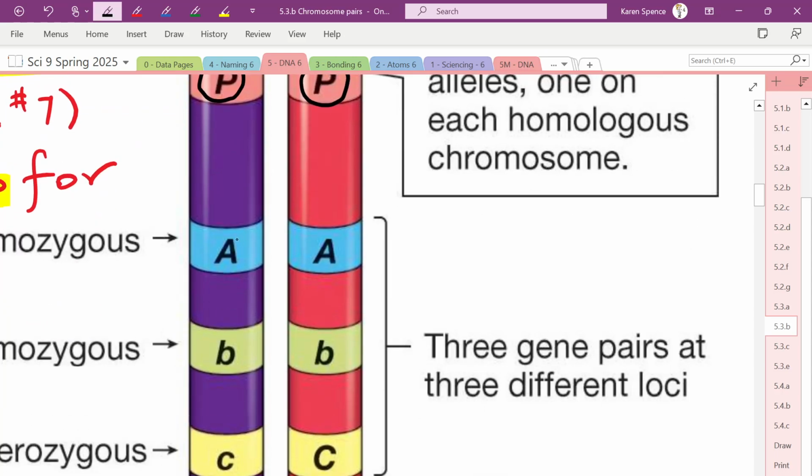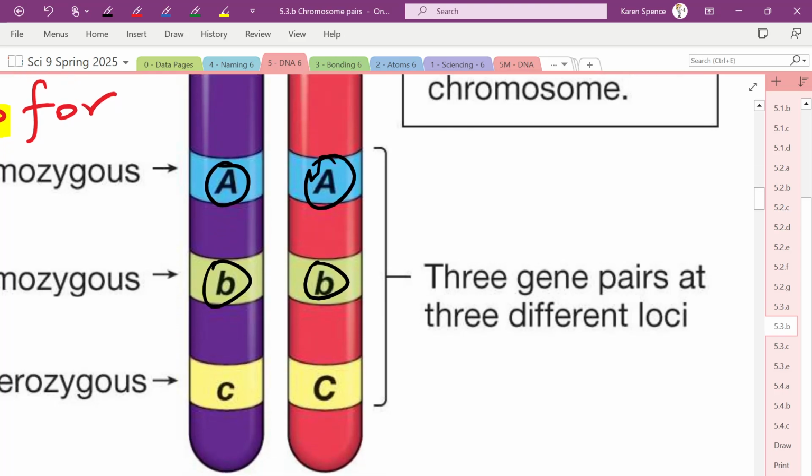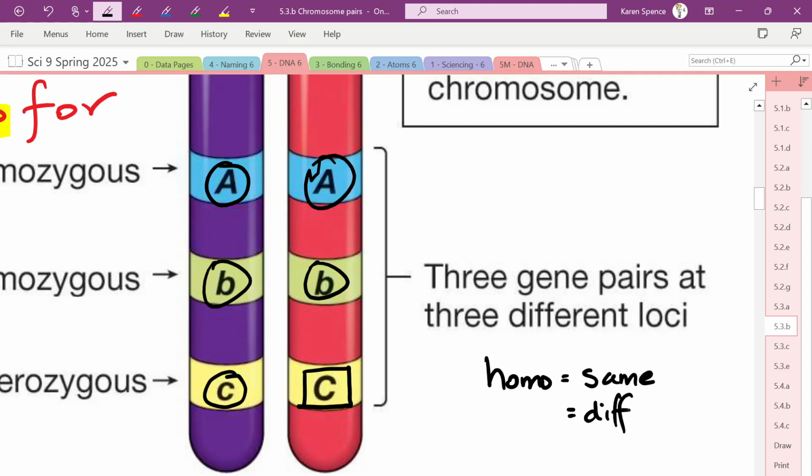And then we have same, same, same, same, and then we have little c and big C. So we have same. What's the prefix for same? Homo. Homo is the same. What is the prefix for different? Hetero.